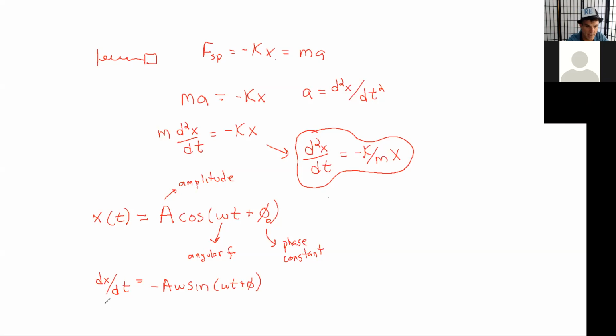And then if I take a second derivative, the derivative of sine is cosine, but again, I pull out another omega, I get negative A omega squared cosine of omega t plus phi. Well, I want this equation to be true in all cases for an object oscillating back and forth in simple harmonic motion connected to a spring, which means I want the second derivative of position with respect to time to equal negative k over m times position.